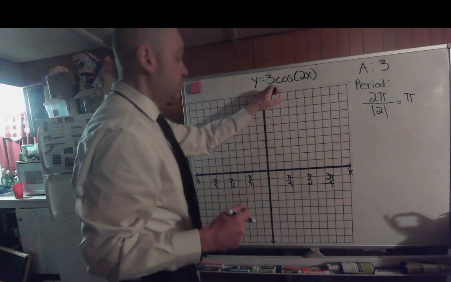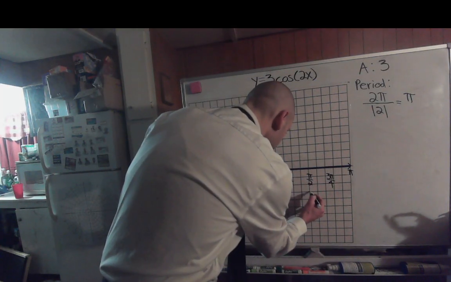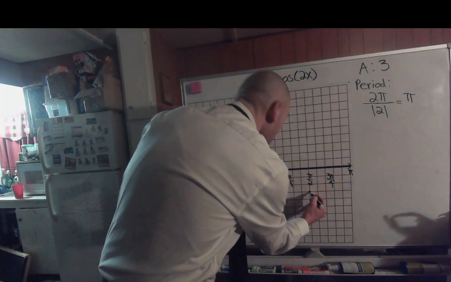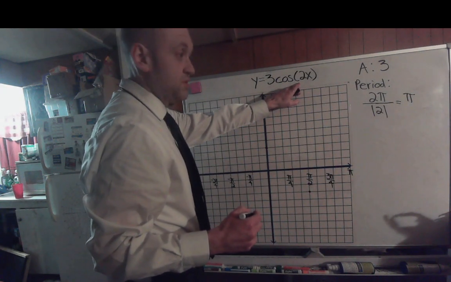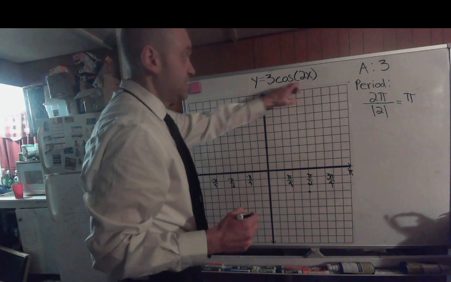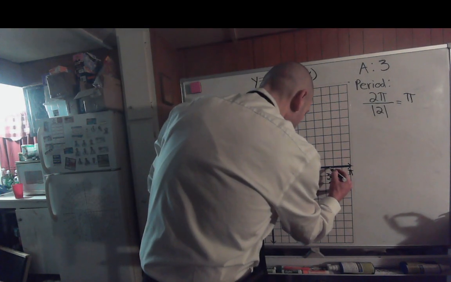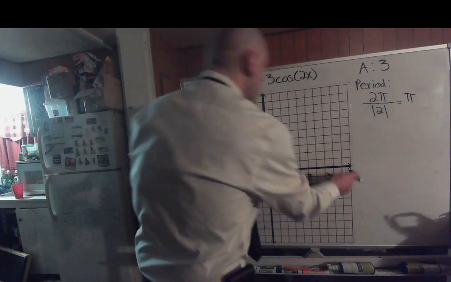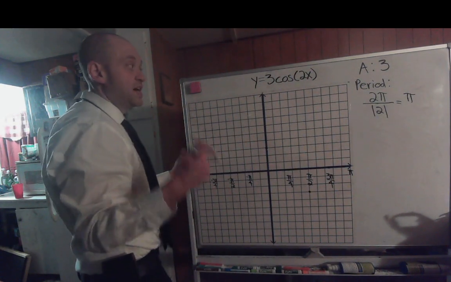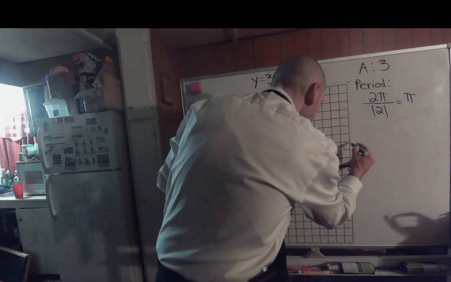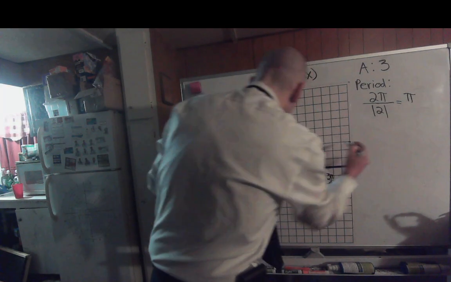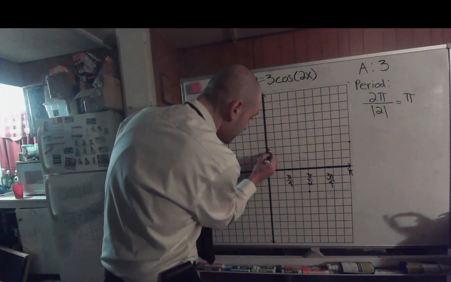That's negative 1 times 3, which is going to be negative 3. Now put in 3 pi over 4, that'd be the same as the cosine of 3 pi over 2, which is 0, times 3, which is 0. Now put in pi, that would give you the cosine of 2 pi, which is 1, times 3 is 3. So let's start with the curve that way.